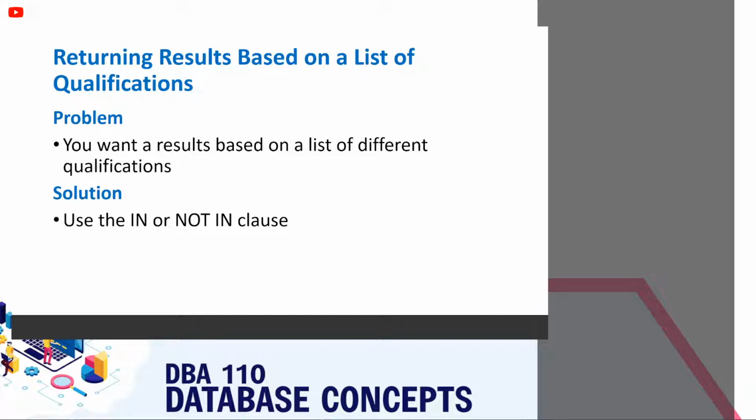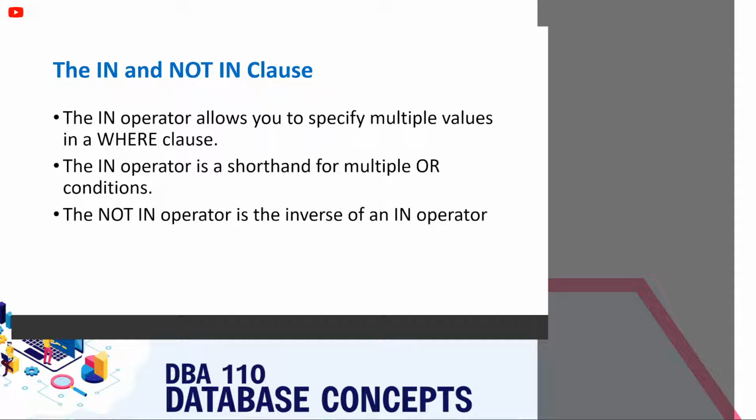So we're going to use that where clause again, because that's our conditional operator for MySQL. But in this case, we're going to add multiple values that the item could be in order to return the condition as true. And that's basically our in clause.